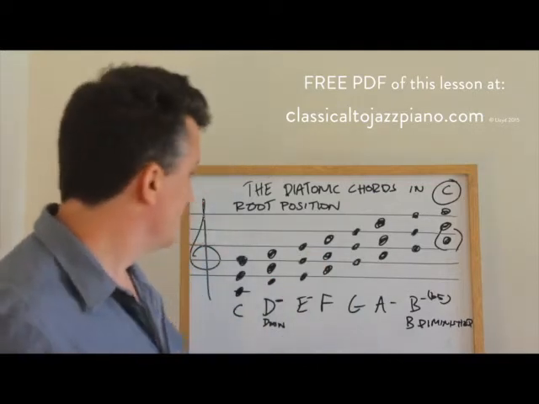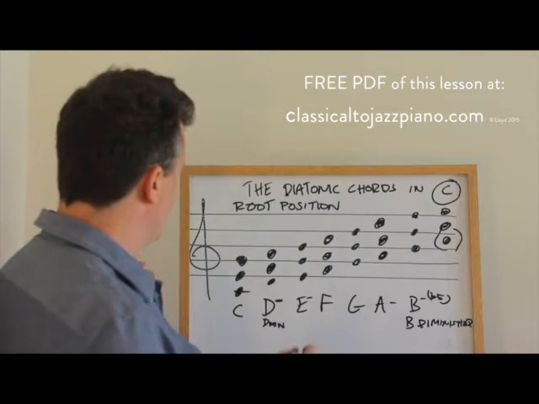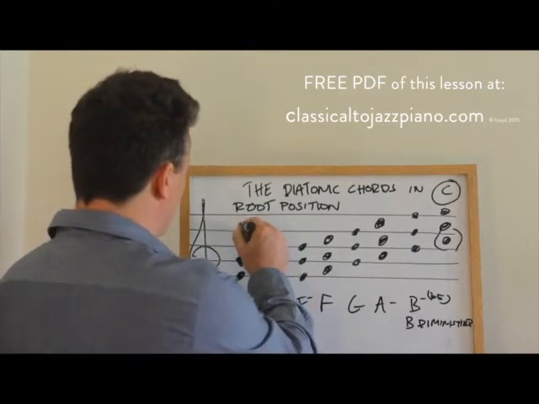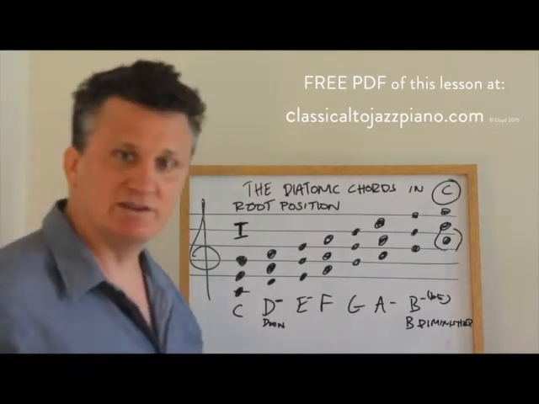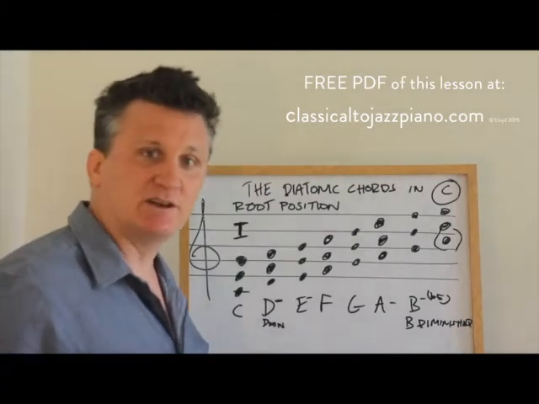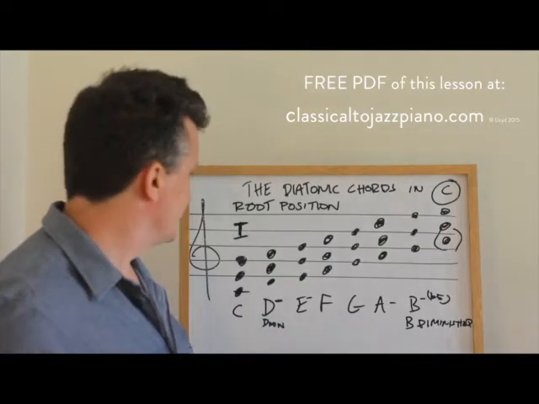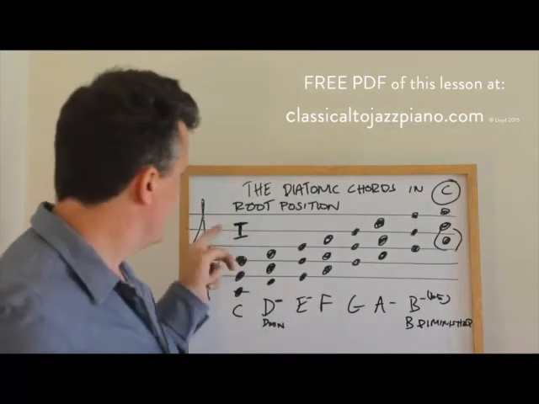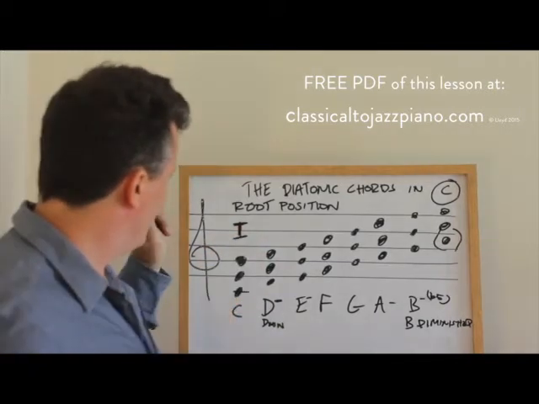The next step is, now that we have all the chords in the key of C, we're going to use some Roman numerals to give them a number. It's a way that a lot of musicians use to analyze chords and chord patterns, which we're going to discuss in a minute. So that's chord 1.